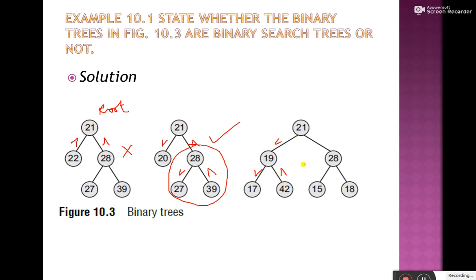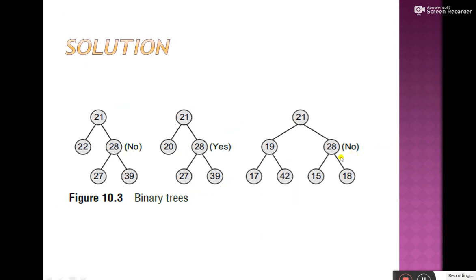And the rule says all the elements to the left of a root node should be less than the root node. But here it is violating the rule. That's why it is not a binary search tree. So the solution is, the first tree is not a binary search tree, the second tree is a binary search tree, and the third tree is not a binary search tree. I hope you have got it now.